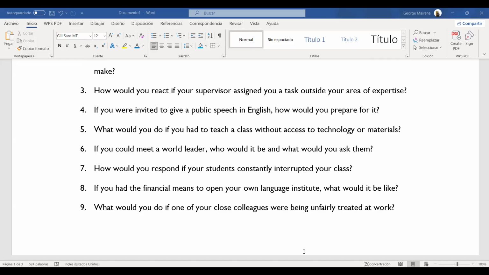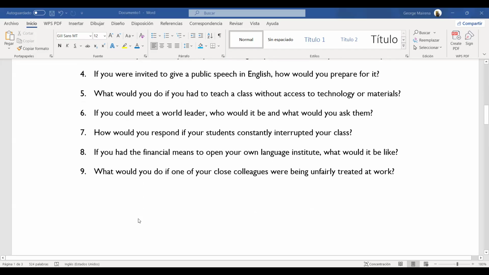For those students who want to be an English teacher in the future, how many of you have thought to be your own language institute? Jocelyn: If I have the financial means to open my own language institute, I would like to start trying to help with reading and also speaking.